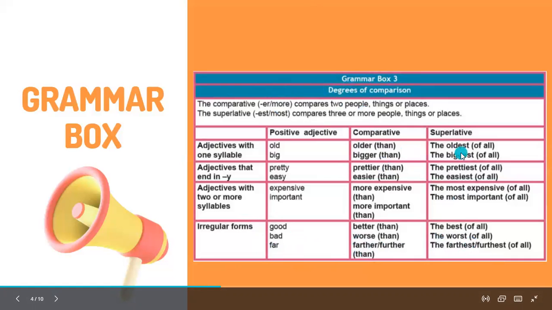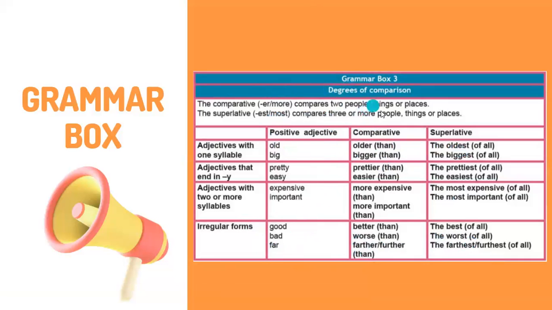Entonces, para recapitular un poquito, tenemos un adjetivo positivo y lo que se va a hacer para convertirlo en comparativo es agregar er al final, en el caso de adjetivos con una sola sílaba o adjetivos que se terminen en y, cambiando la y por una i y luego agregando er o est si lo queremos hacer superlativo.